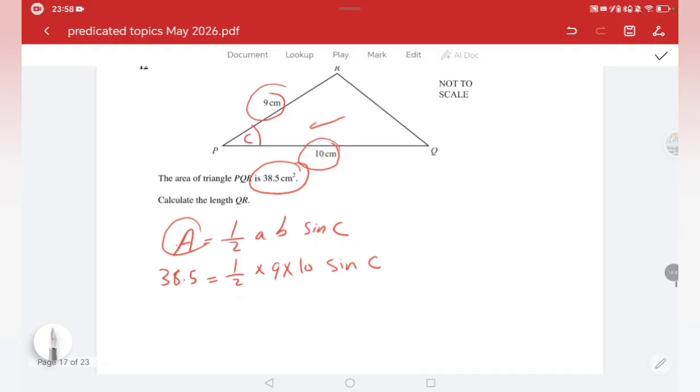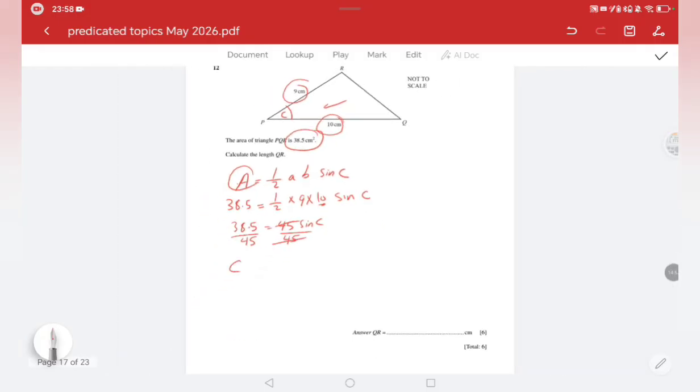Now 38.5 equals, 10 divided by 2 is 5, 5 times 9 is 45 sine C, so you can divide both sides by this 45.